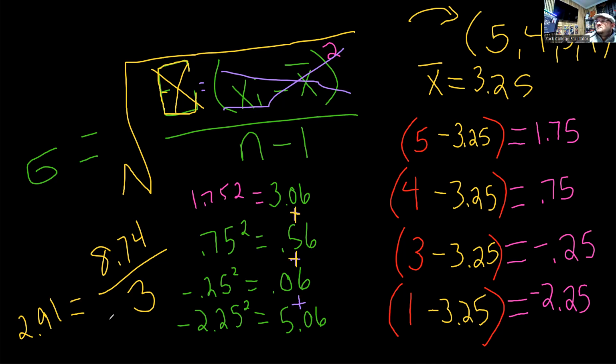All right. So now we're left with the square root of that. Square root of 2.91. And I think we'll round to 3 decimal points. Is it 1.705? Is that what everybody else got? 1.705.